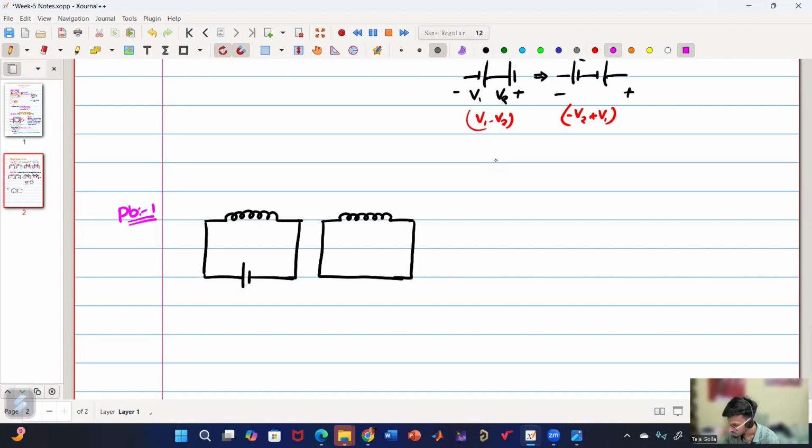The voltages are given. This is plus minus V1 and the current direction is I1. This is L1, this is L2, the current direction here is I2, and the dot convention is this. And then there is mutual inductance M. So this comes under case 1 or case 2? Case 1. Okay.